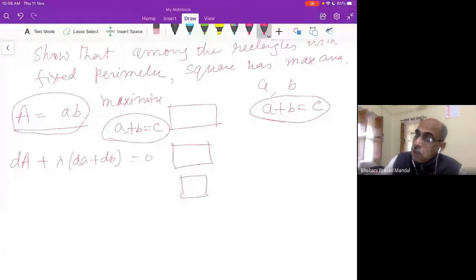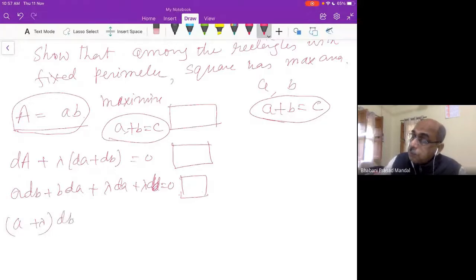So A dB plus B dA plus lambda dA plus lambda dB equal to 0 in our multipliers method. So (A plus lambda) dB plus (B plus lambda) dA equal to 0.